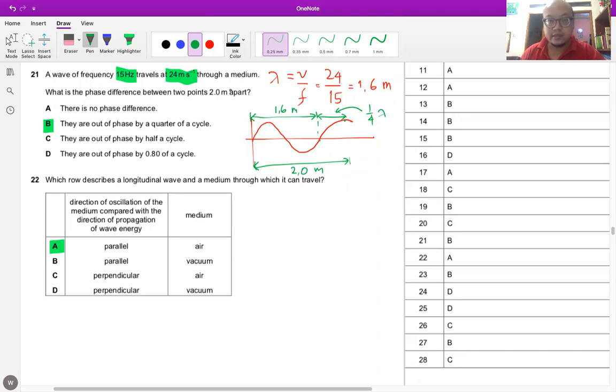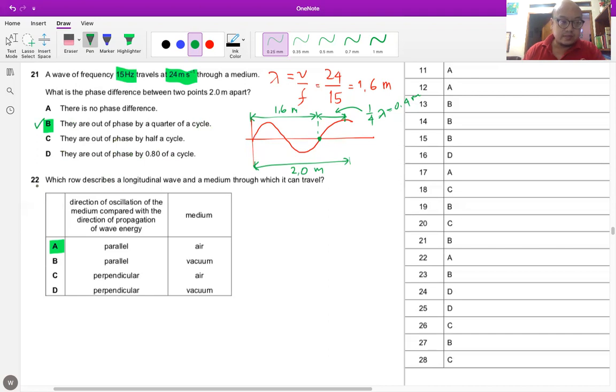Yes, because the wavelength is 1.6, so at 2 meter this is 1.6 plus 0.4, and 0.4 is a fourth of lambda. They are out of phase by a quarter of a circle, because one circle is one wavelength. Not plus 0.8. Yes, that's correct. B.